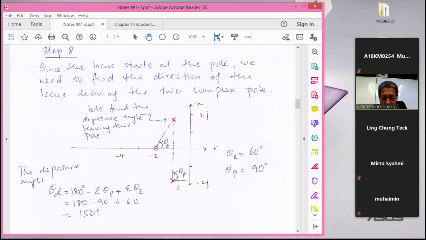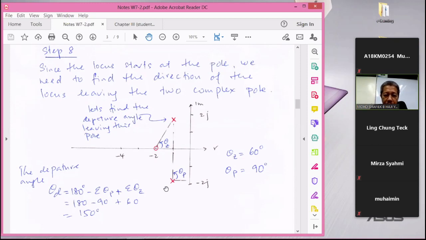So the angle from the other pole is 90 degrees, and the angle from the other zero is 60 degrees to the pole in question. Now you can compute the departure angle using the expression 180 minus 90 plus 60, so you get 150 degrees. This is the departure angle, the angle at which the locus exits the first pole.